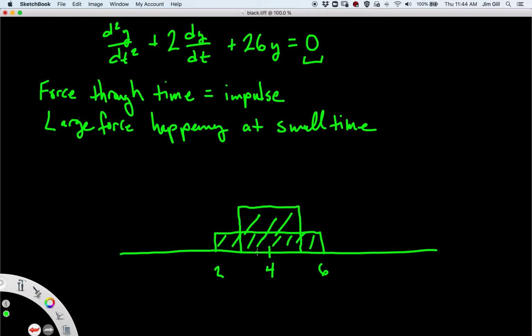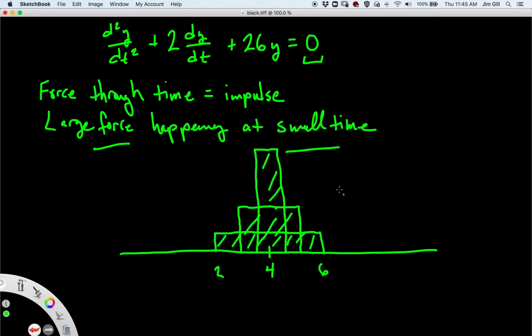And of course, I could instead deliver an equal impulse over just 1 second, right? This would have a height here of, let's see, this is half as wide, so this is going to have a height of 1 over 1 second. So all of these have the same amount of force applied to them. And so there's no reason why we can't apply a harder amount of force, but over a shorter amount of time, right? That's what we're trying to deal with, a large force happening at a small time.